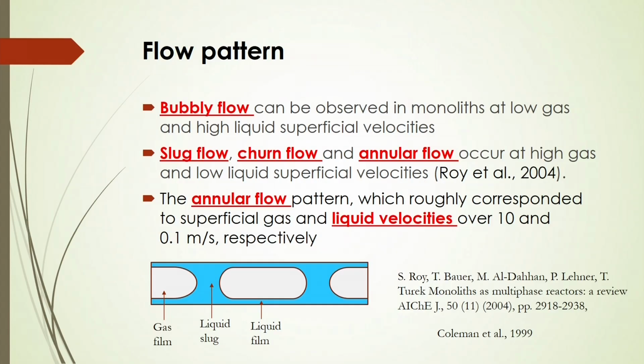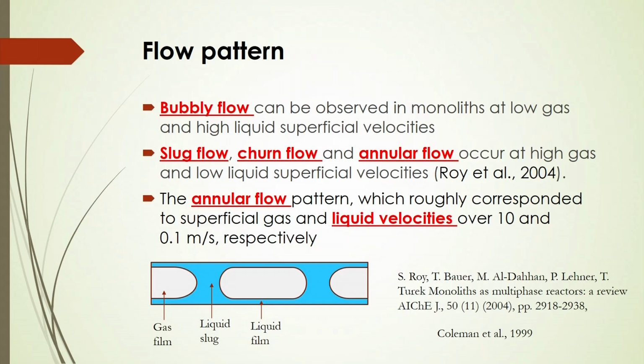Now, other flow patterns may also happen, and that depends on the geometry of the channel. So, bubbly flow can be observed in monoliths at low gas and high liquid superficial velocities. Slug flow, churn flow and annular flow may occur at high gas and low liquid superficial velocities.